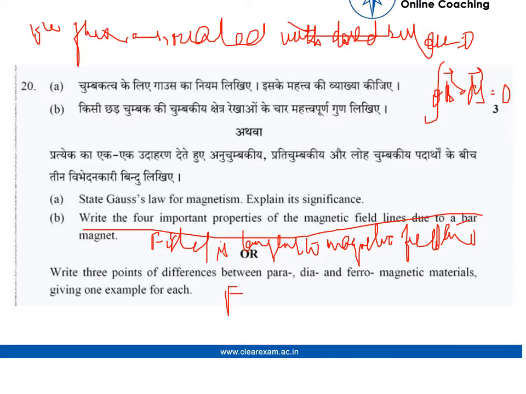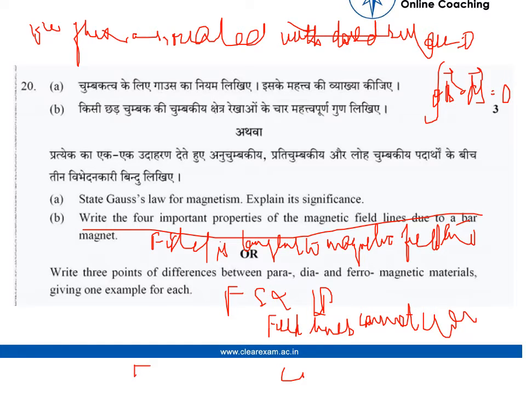Field strength is directly proportional to line density. Field lines cannot cross. Field lines are continuous loops.